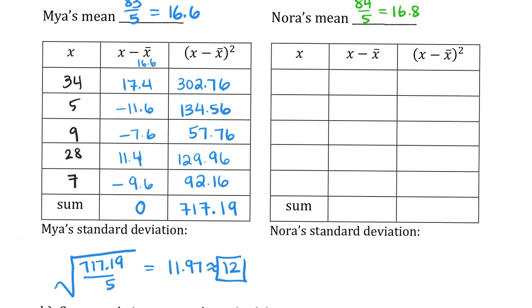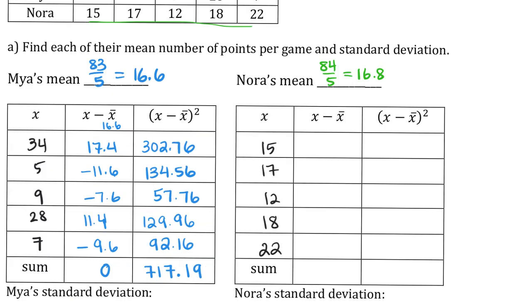Okay, let me try Nora's now. Okay, so I copied Nora's points per game. Her mean is 16.8. So I'm going to do 15 minus 16.8. I get negative 1.8, and I'm going to go ahead and keep filling out this chart. Okay, and I'm adding up that second column, and it adds up to 0. Perfect. Okay, so now I'm going to take these values and square them. And then remember, because it's a negative, but it's being squared, it's going to turn to a positive.